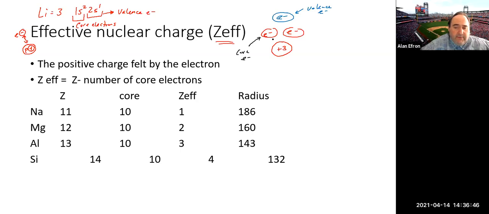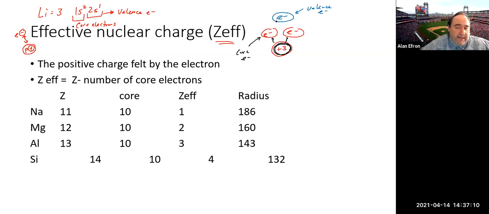Well, in this really badly drawn example here, you could see that there's really nothing in the way of these core electrons and the nucleus. They're lower in energy. They're close to it. So these electrons here are feeling the full brunt of that +3 charge, right?